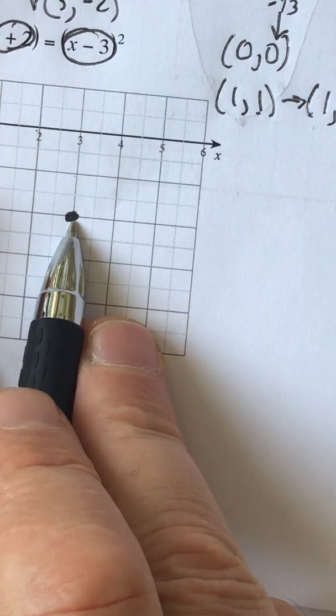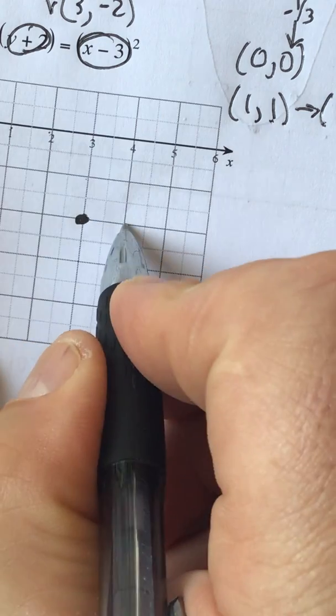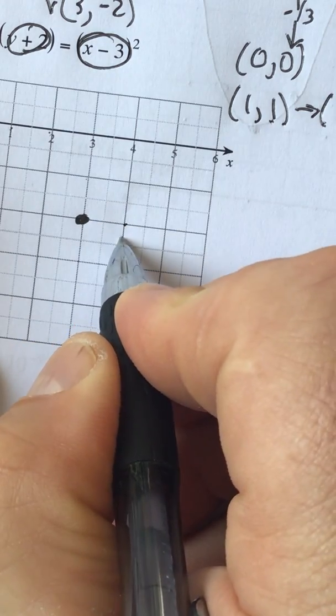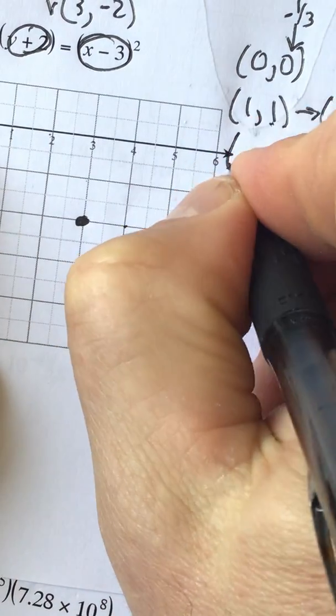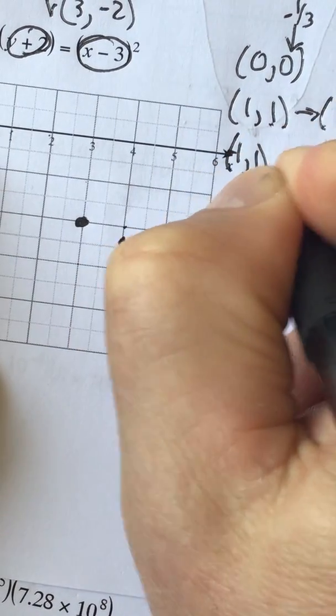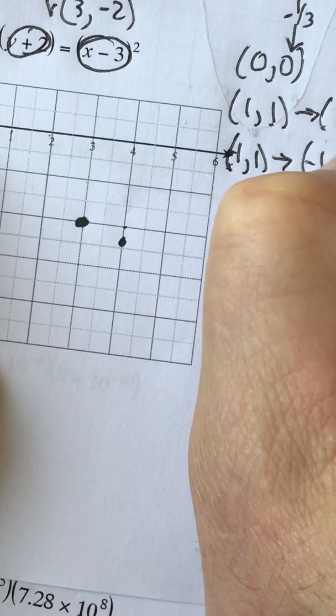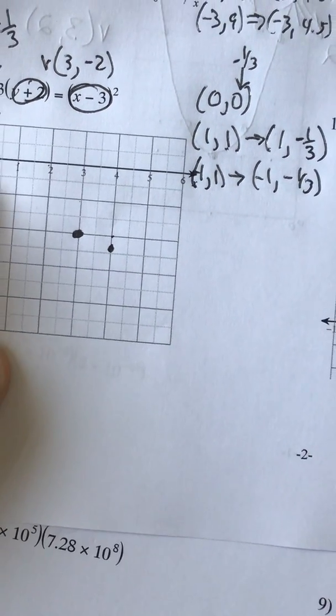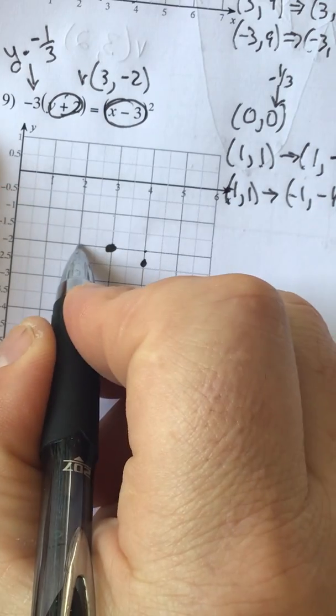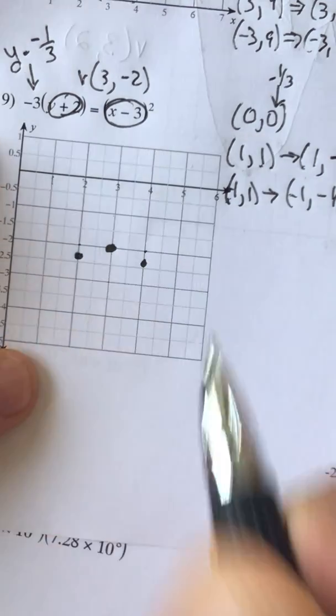So here's my vertex. I'm going to go over 1, down 1/3. And then -1, 1 becomes -1, -1/3. So I'll go the other way also: -1, down 1/3.